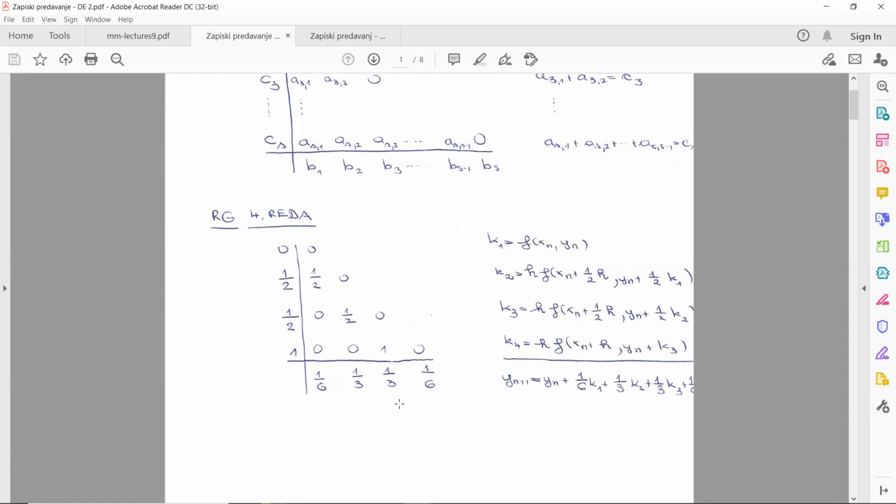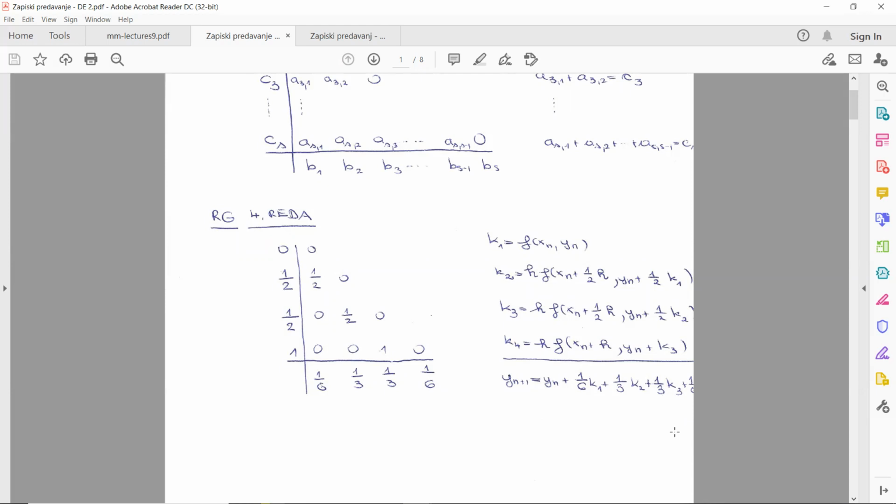And why is this so? Because then we can subtract those two approximations. So we compute an approximation based on one method, and then an approximation based on the second method with different coefficients. And when we subtract them, then we can estimate the error out of this difference.